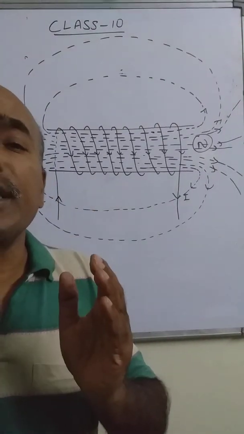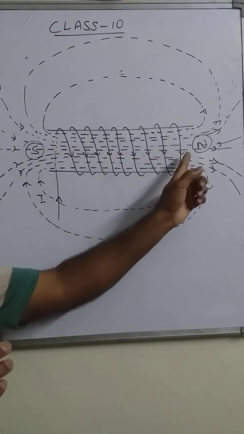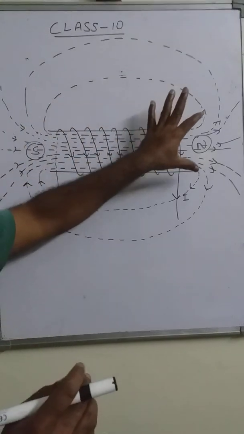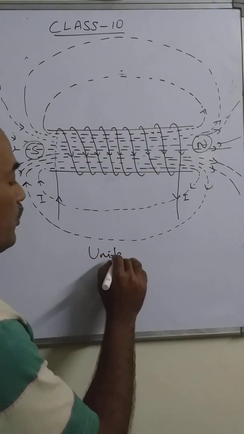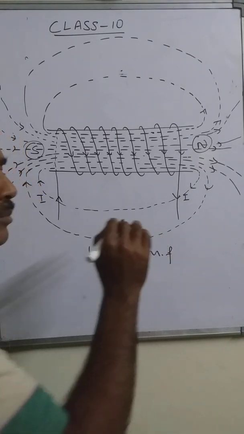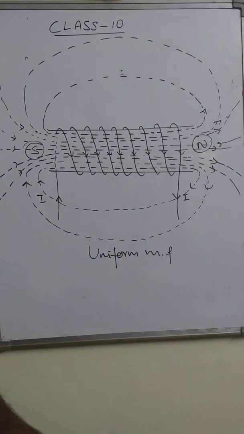It is represented by equi-spaced parallel lines. So inside the solenoid, all the lines are equi-spaced, so a uniform magnetic field is developed inside the solenoid. And outside the solenoid, it is non-uniform.